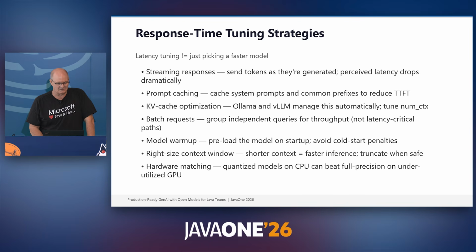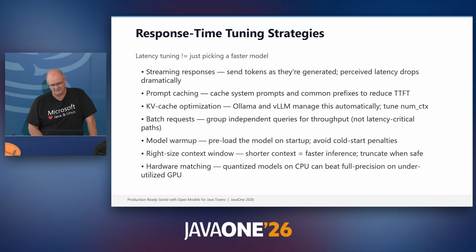Response time. Streaming responses: send tokens as they're generated, which means you're streaming your tokens rather than saving them all up and sending them all at once. And caching prompts. Sometimes the same question will be asked of your large language model by multiple people, so see if you can cache things. That's what I was mentioning before on the front end about orchestration.